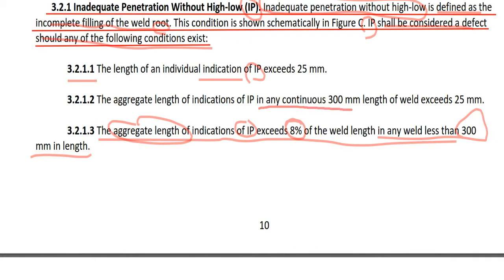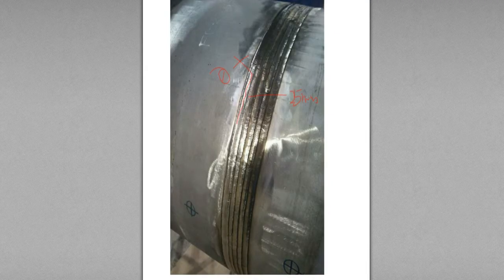And condition number 2. In any continuous 300 mm length, the aggregate length, which means IP number 1, and let's say this is 10 mm. And here to here, the length of total weld length is 300 mm. And here another IP, and the length of this IP is 10.